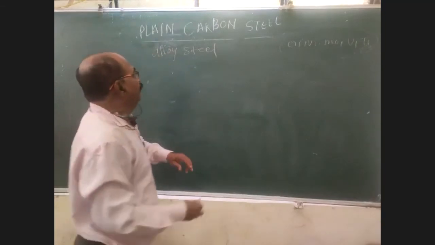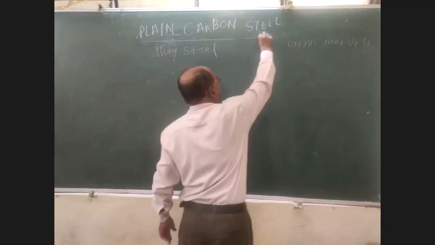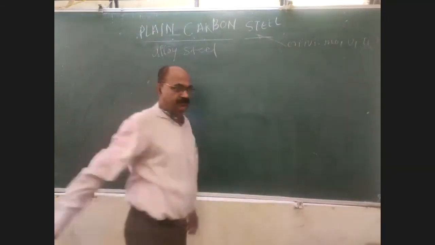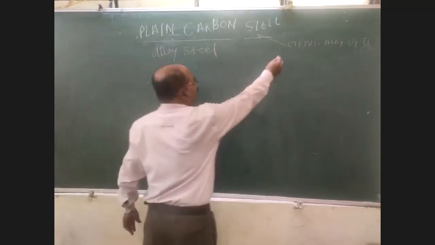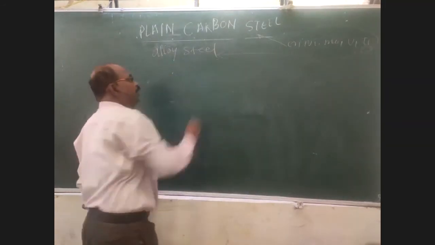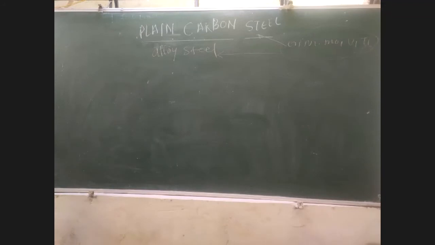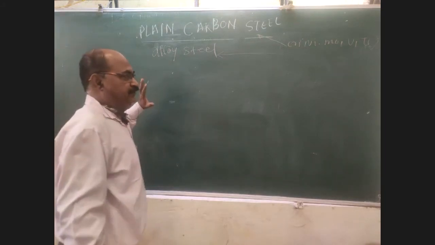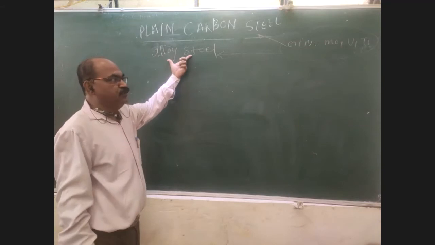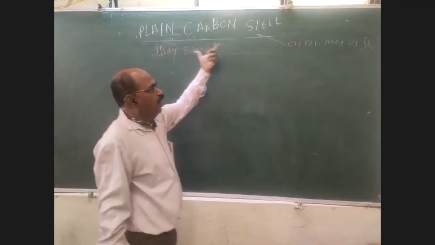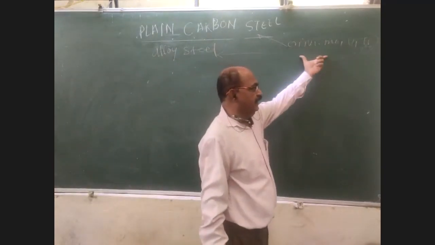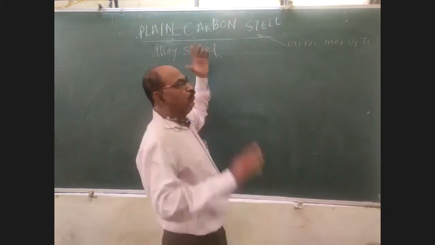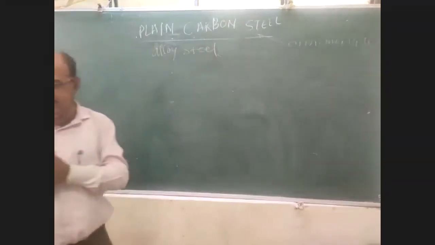You will not see them in plain carbon steel, but you can see these elements in alloy steel. Alloy steel means addition of other elements to improve the mechanical properties.